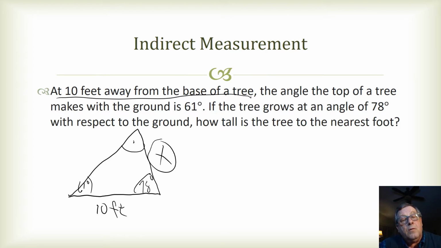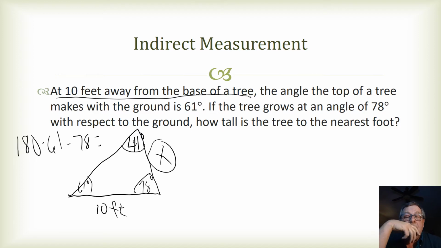What if I said 180 minus 61 minus 78 is going to equal that angle at the top of the tree? Well, that equals 41. So that means that this angle is 41 degrees.